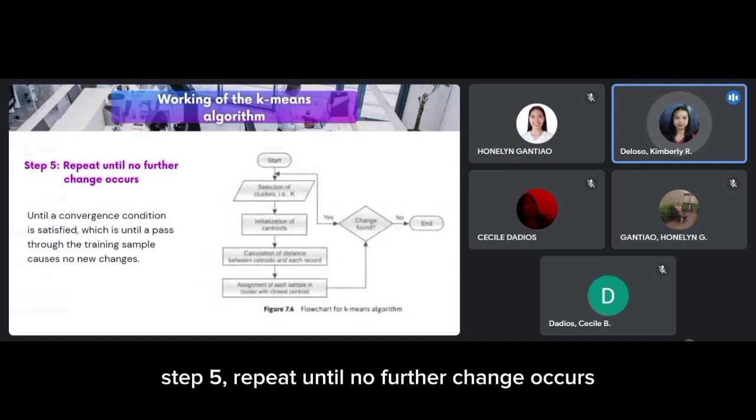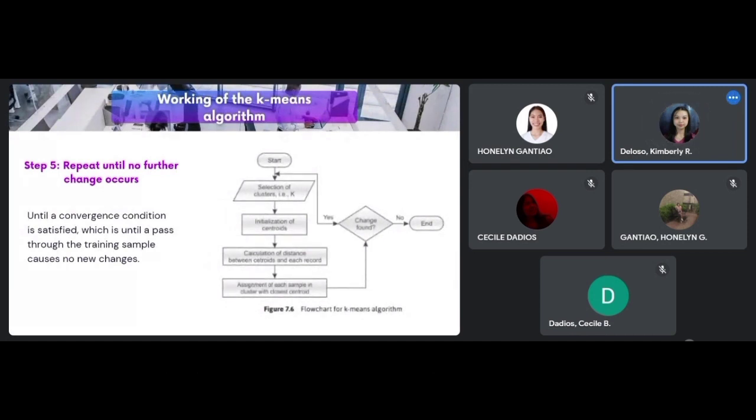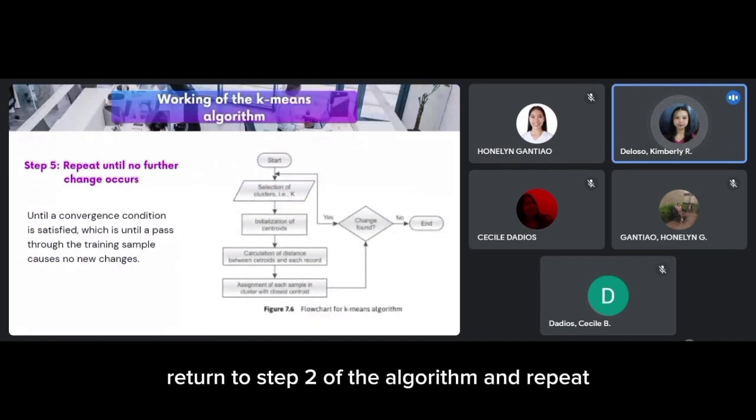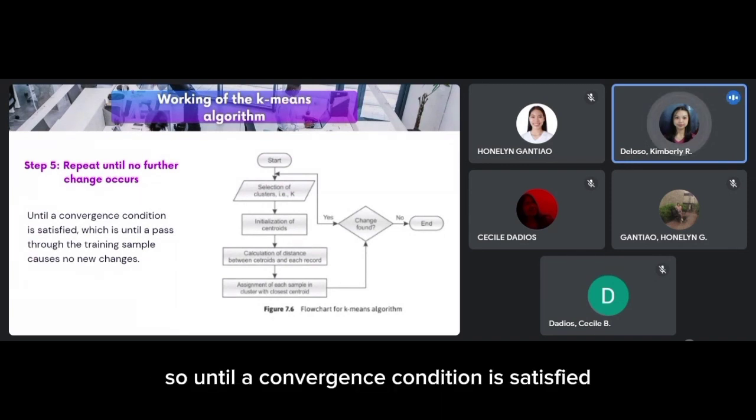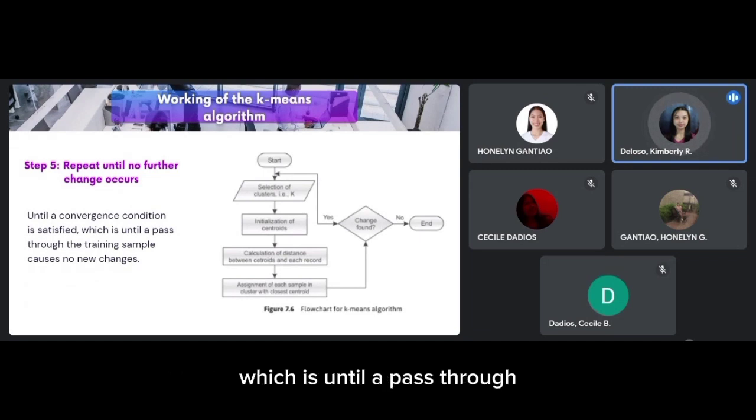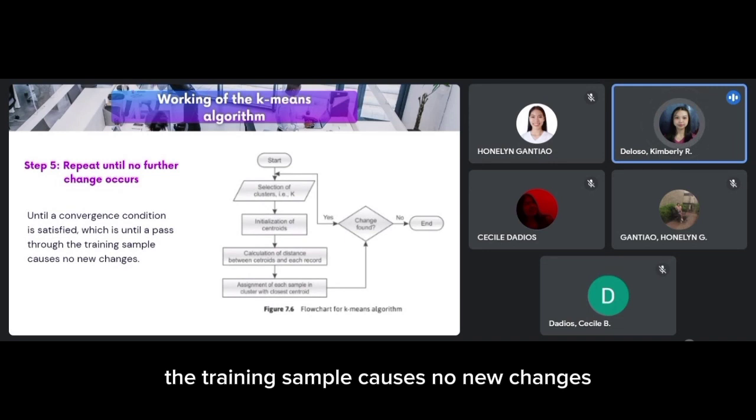Repeat until no further change occurs. Lastly, in step 5, you just have to return to step 2 of the algorithm and repeat the updating process of each centroid location, until a convergence condition is satisfied, which is until a pass through the training samples causes no new changes.